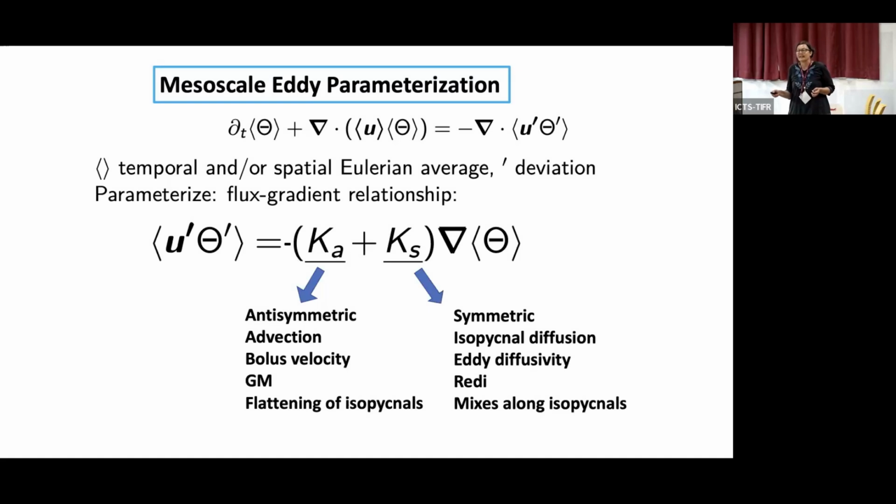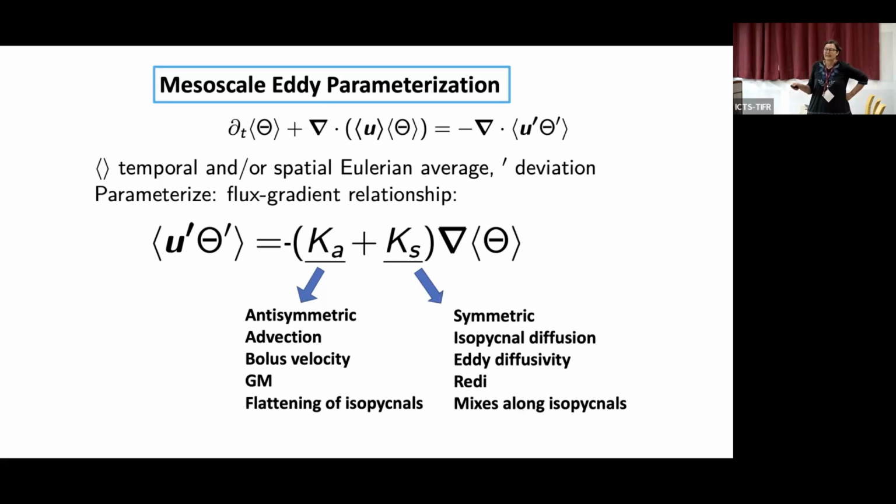Now in the tracer equations of an ocean model, you usually parameterize the effects of eddies with an isoneutral diffusion tensor. So this is your eddy flux, and this is your mean tracer gradient. This is a tensor, so it has two parts, essentially. There's an antisymmetric part in this tensor, and it represents the advective properties of the eddies.